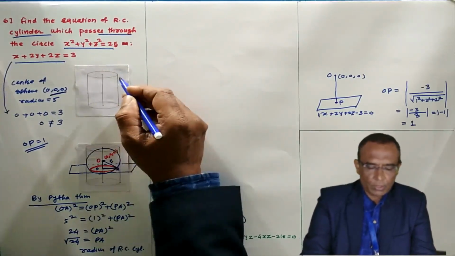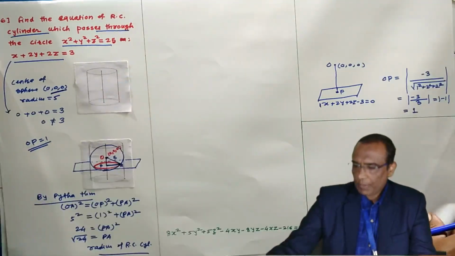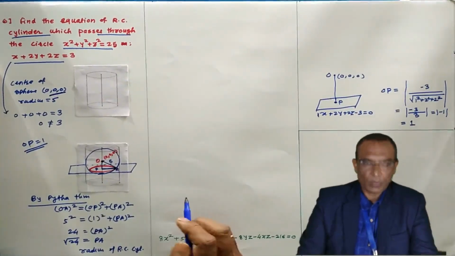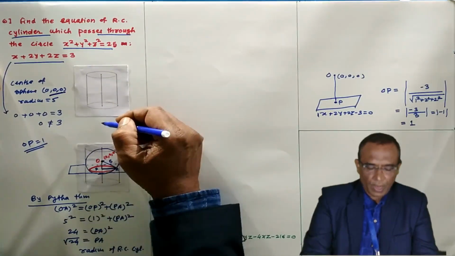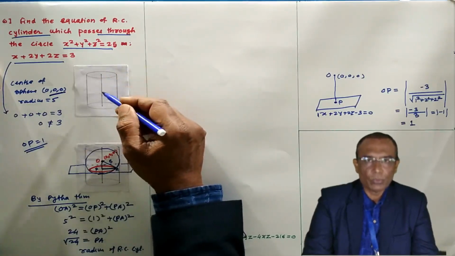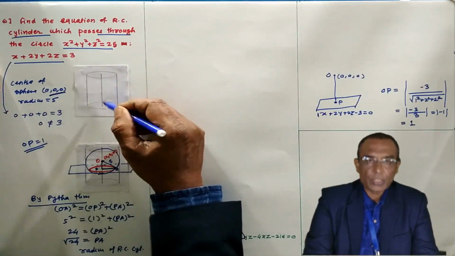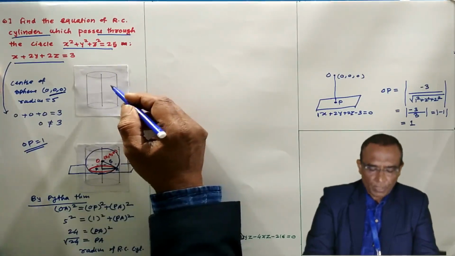Now I want the equation of the axis. The axis is a line, and if one point on the line is known to you and the direction ratios of the line are known to you, you can write down the equation of the line.